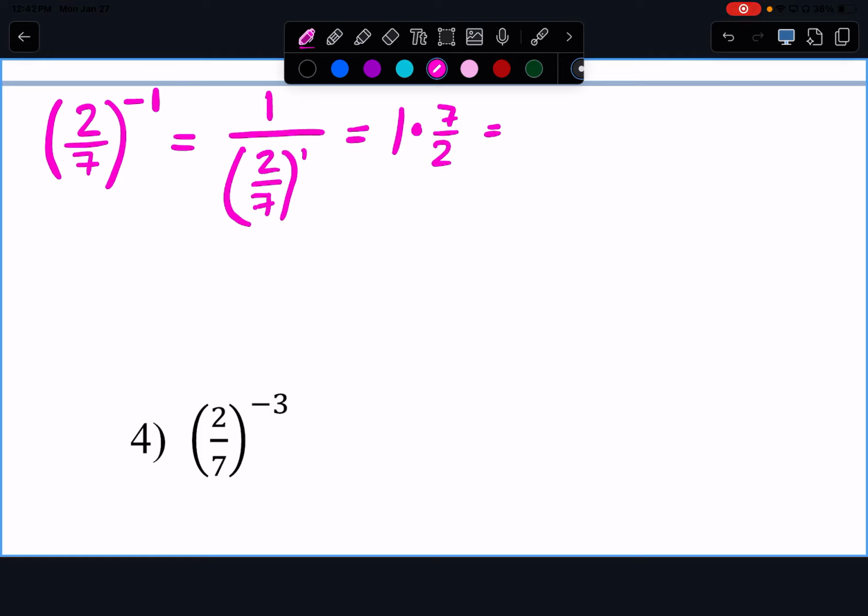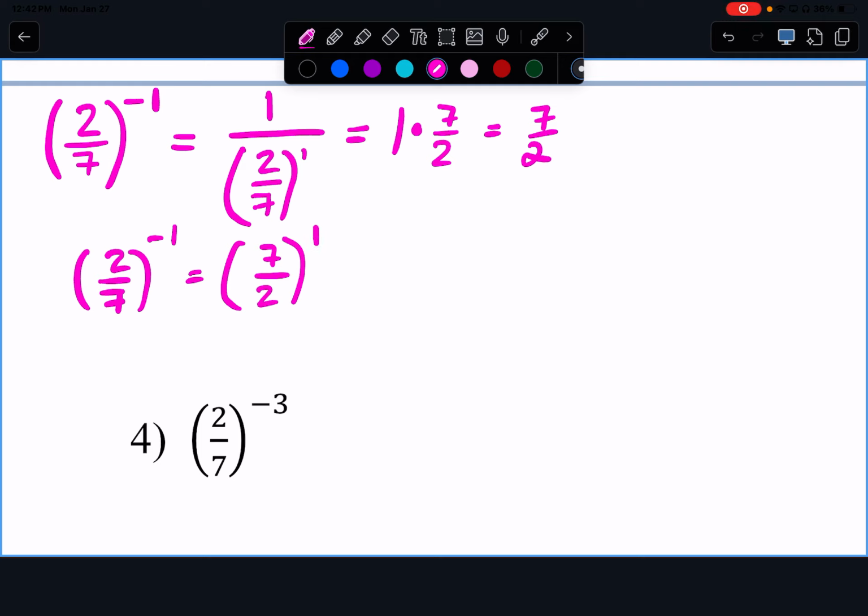And 1 times 7/2 is just 7/2. So really what's happening is anytime we have a whole fraction being raised to a negative power, it is causing us to use the reciprocal. And so it will flip it, and so we get 7/2 to the 1.